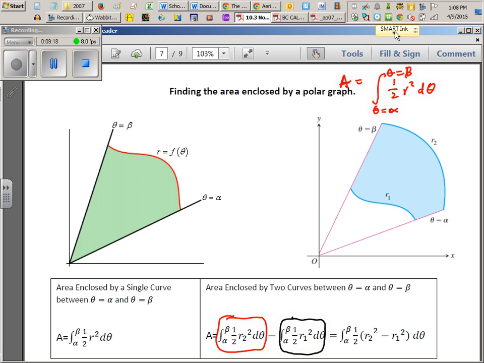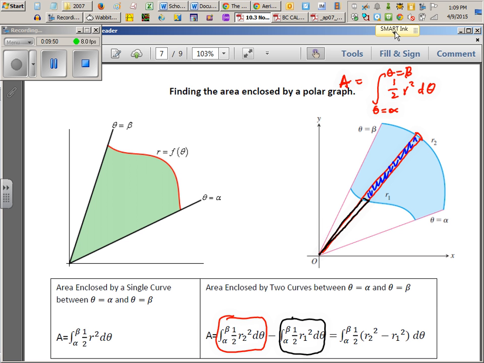Probably what I should have drawn is a series of red small wedges like this. So here's a red small wedge, and inside it a black small wedge, and subtracting the red minus the black gives us this sort of a crust type thing. And then the integral collects them all. So when you make them real thin, they really are sectors, or even triangles, really, if you want to think of it that way.